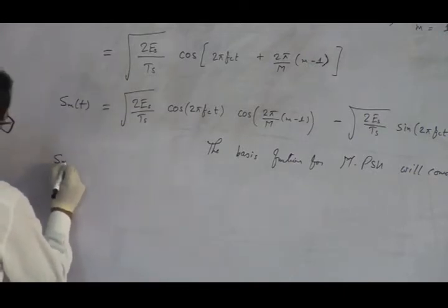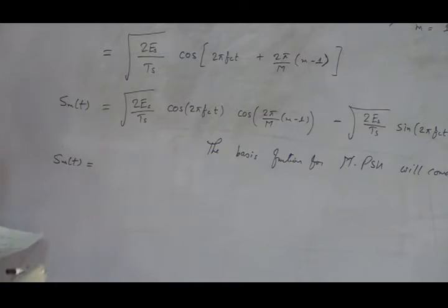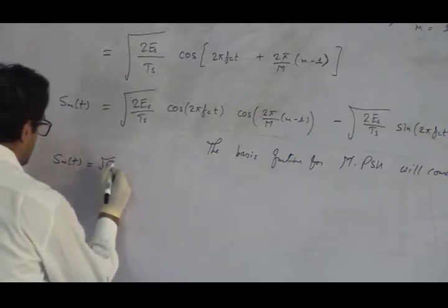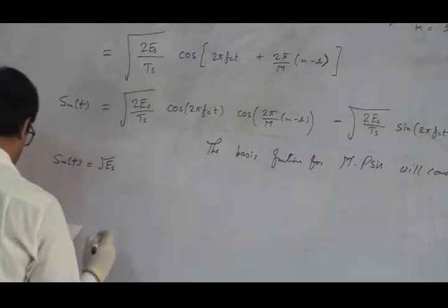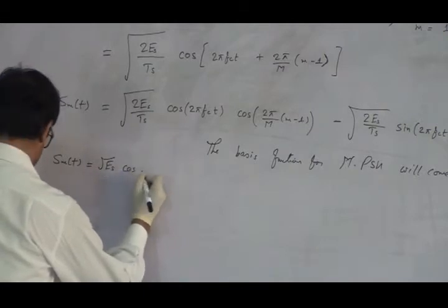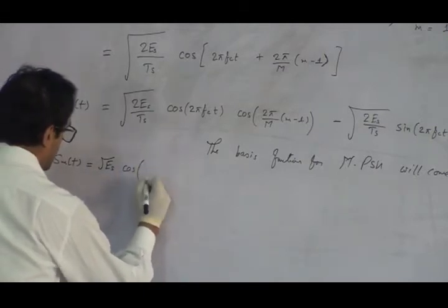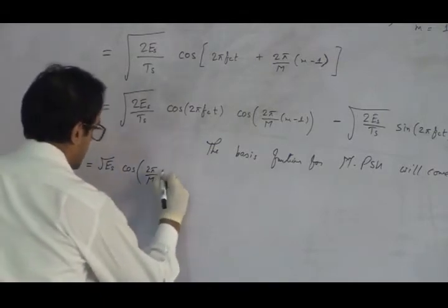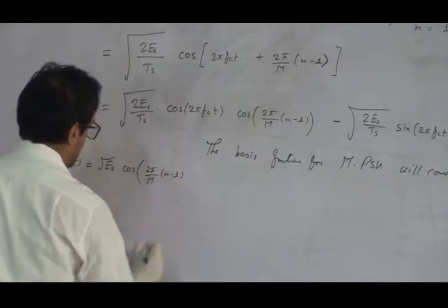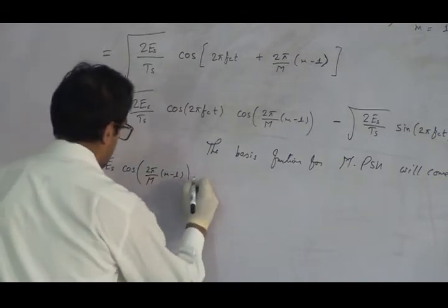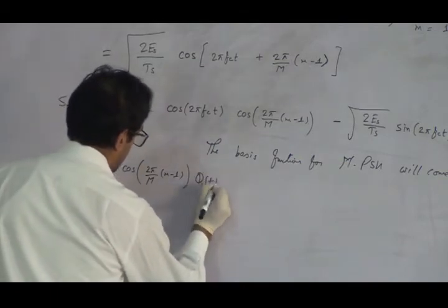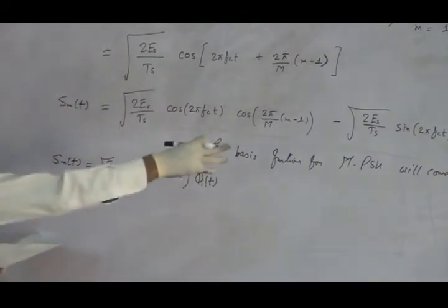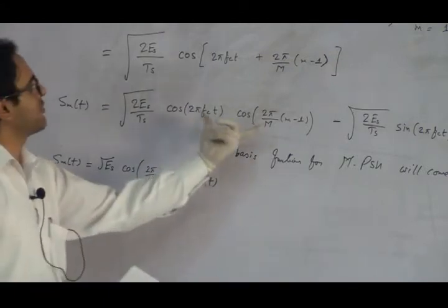Sm of t will be, let's first write down the generalized expression, then substitute capital M equivalent to 4. Sm of t will be under root E as cos of 2 pi by M, small m minus 1, phi 1 of t, where phi 1 of t was that basis function substituted there.